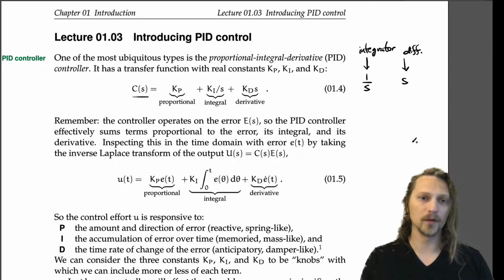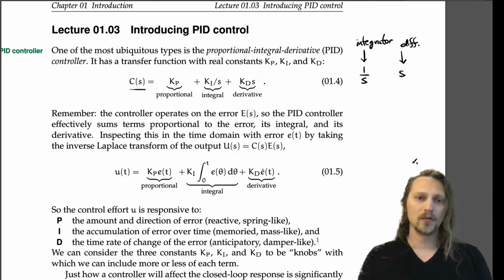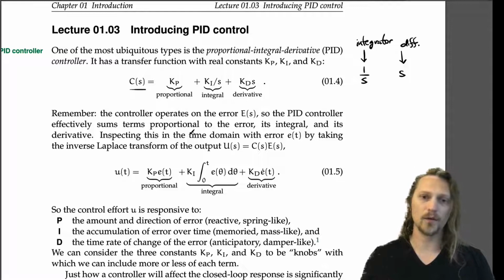Great. Remember, the controller operates on the error e. So the PID controller effectively sums terms proportional to the error, its integral, and its derivative. Inspecting this in the time domain with error e of t, by taking the inverse Laplace transform of the output.